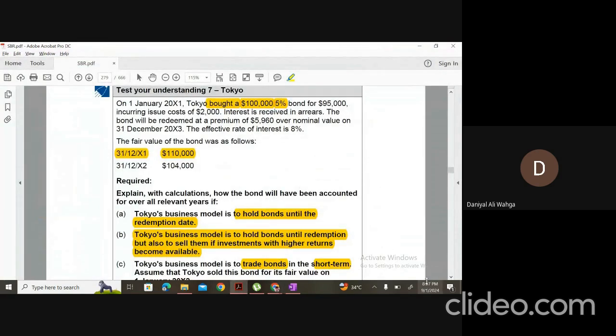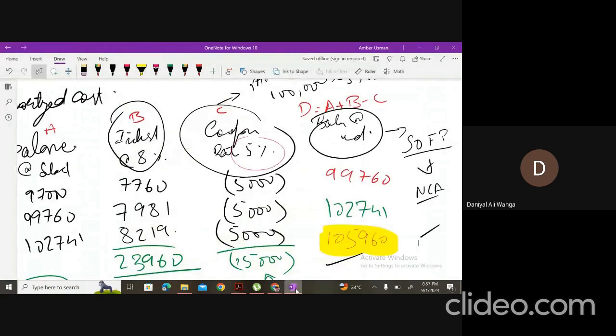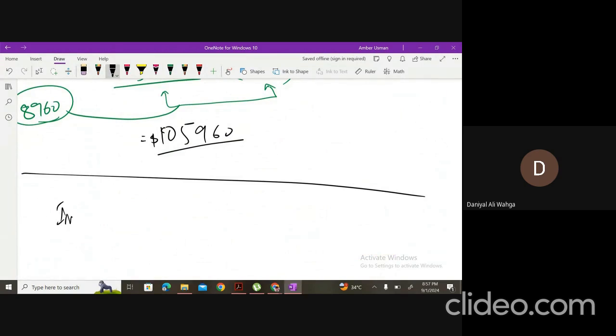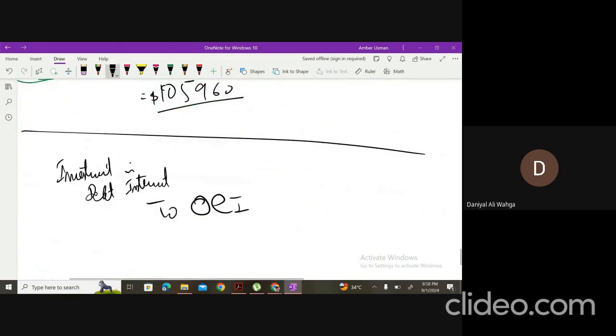If there is a gain, how that gain is recorded, I will tell you. The investment in debt instrument is debited and OCI, other comprehensive income, is credited in the case of a gain.